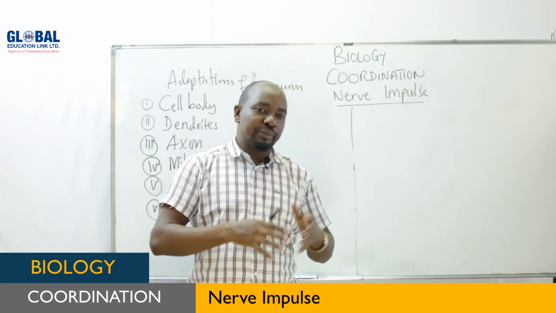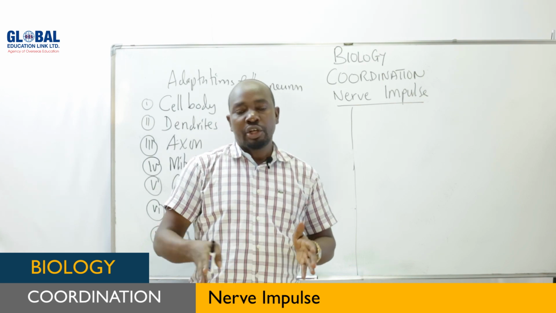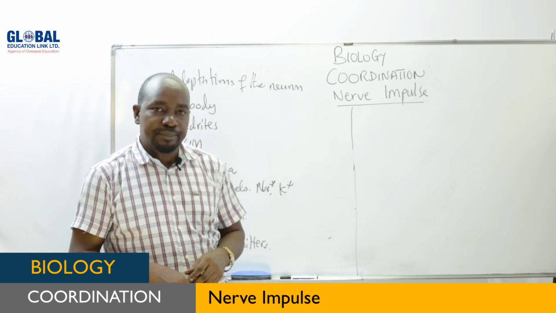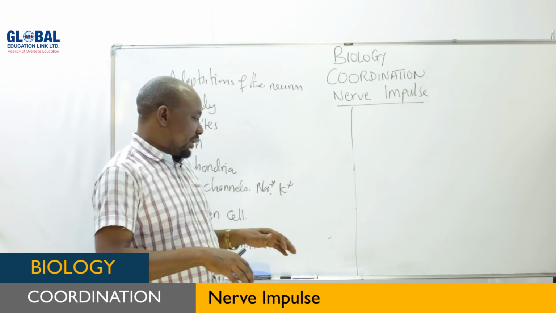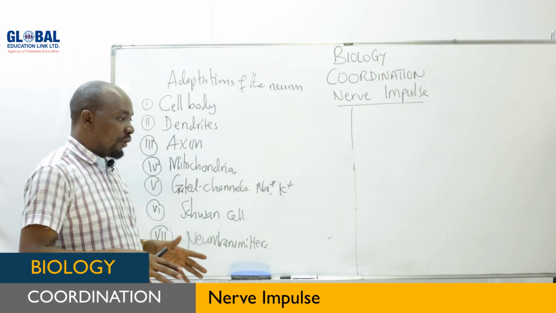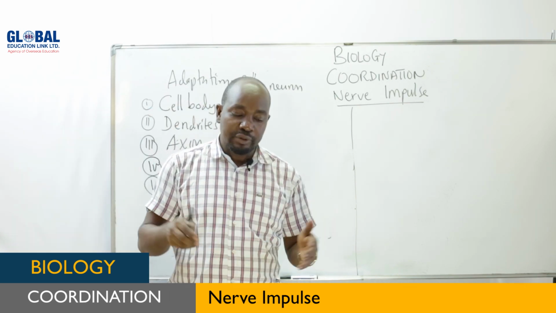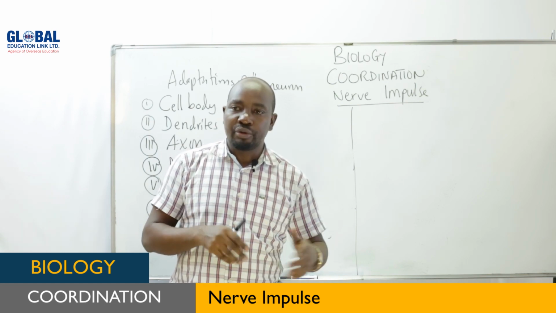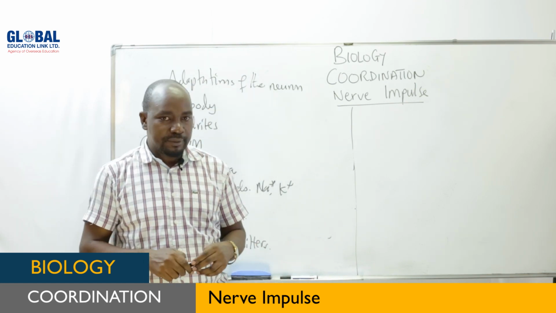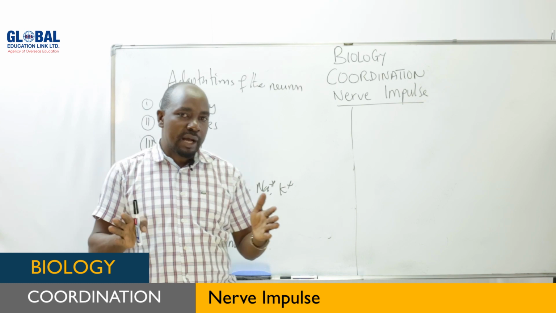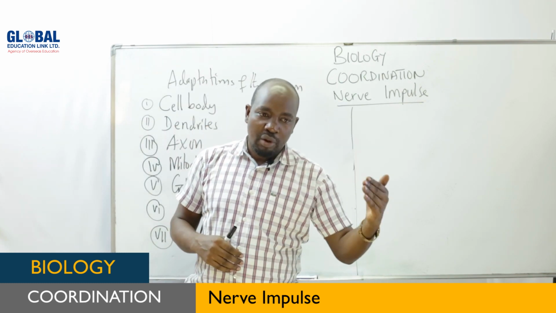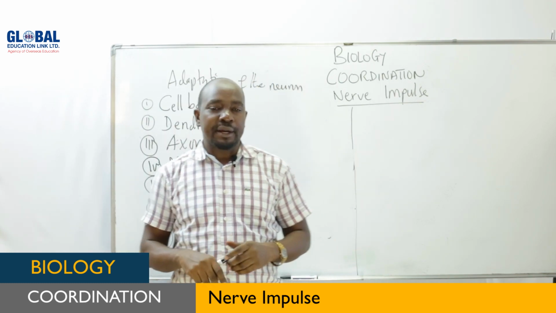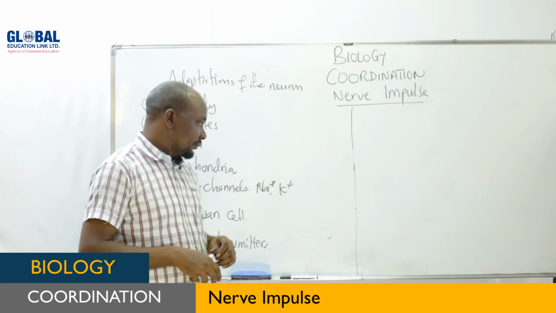So they carry it from the presynaptic knob to the postsynaptic knob. So their presence facilitates the passage of the nerve impulse across the synapse. The synapse, simply, is the gap between one neuron and another neuron.